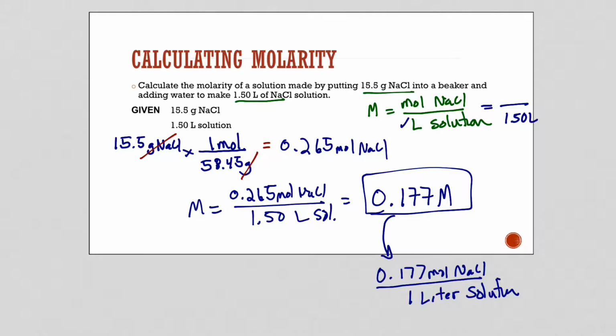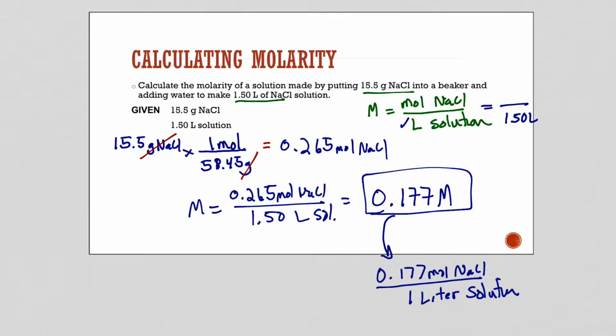So I know that this solution is going to contain 0.177 moles in every liter. So, for example, if I have 2 liters of solution, it would contain twice this many moles. If I had half a liter, it would contain half of this many moles. So we can use this molarity as a way to convert between moles of our solute, how much we have, and the volume of solution that it's going to be in.